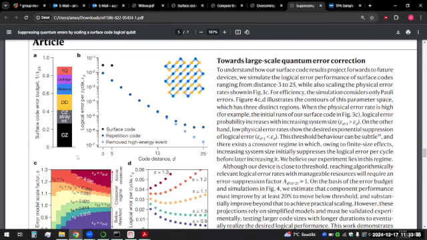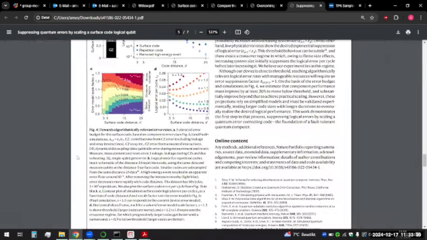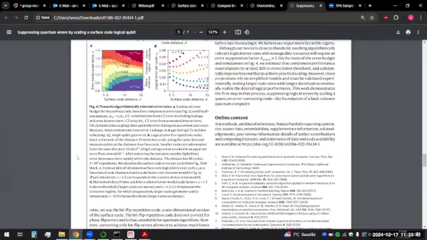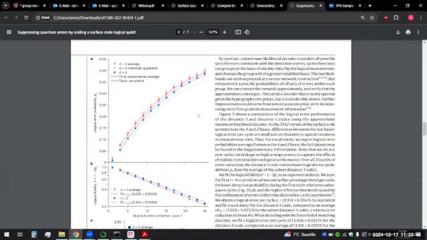And what they are doing essentially, I haven't looked at this in detail, but they perform different readouts of the logical errors, and then do a maximum likelihood and plot this against the cause of these errors.